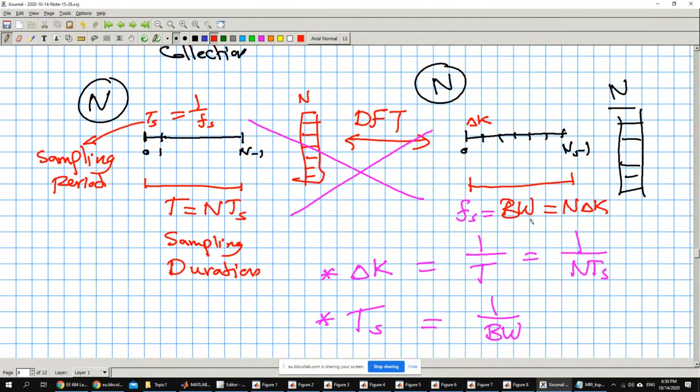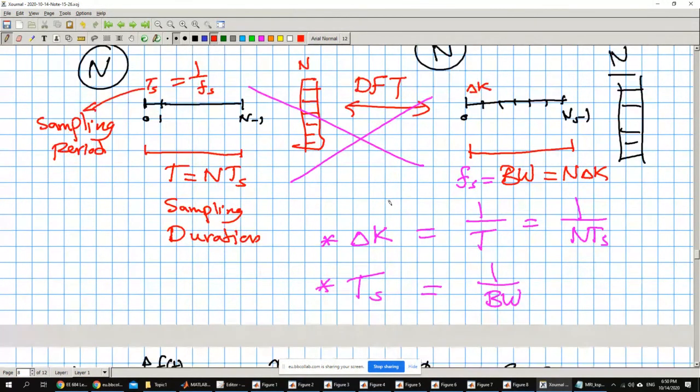So if I reduce the bandwidth here, the pixel will have a larger size, meaning that what you're going to get here is an image with poorer resolution, with half the resolution of the original.